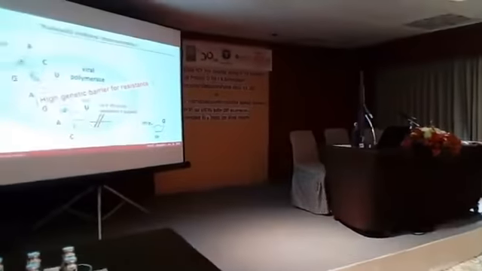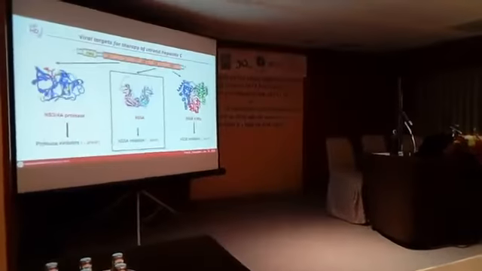The main point here is they have an extremely high barrier of resistance. In fact, clinically, there's almost no resistance against sofosbuvir, and that is simply because the nucleotides are incorporated into the active site of the enzyme, and to become resistant, the virus would have to mutate the active site, but when the active site is mutated, the enzyme is dead, and the virus is then also dead. So that's why they have an extremely high barrier for resistance.